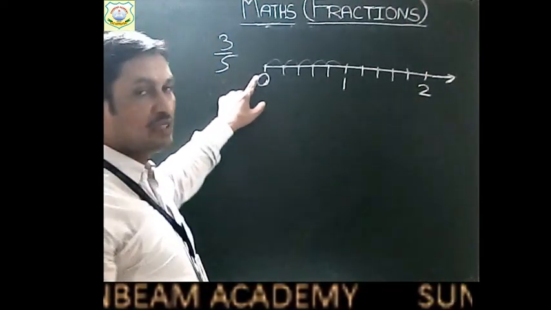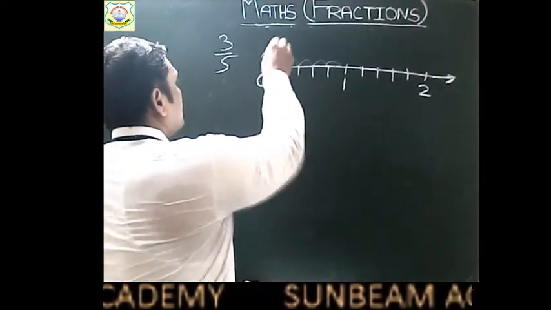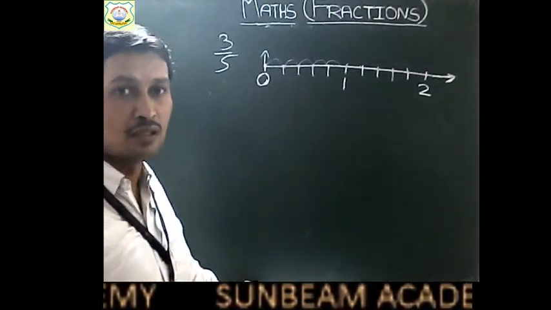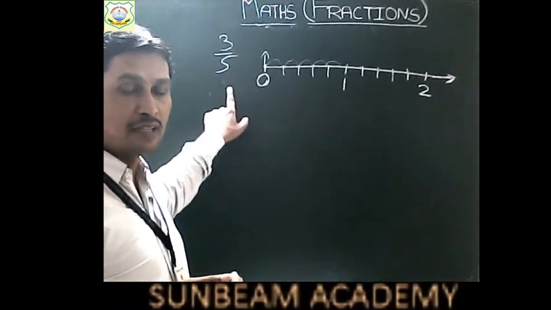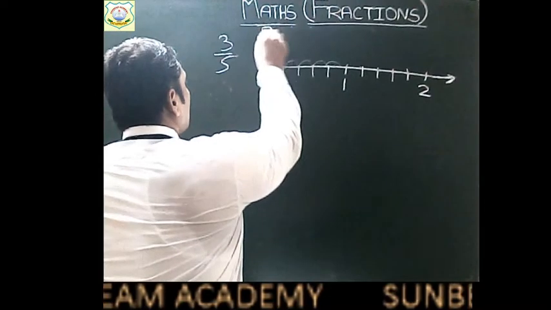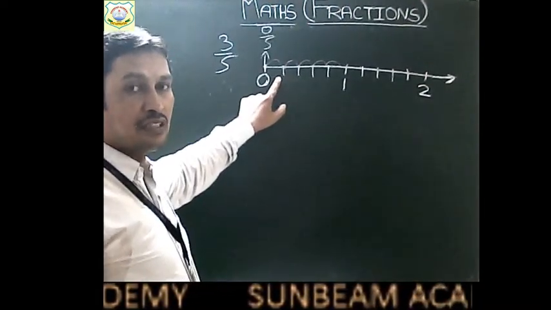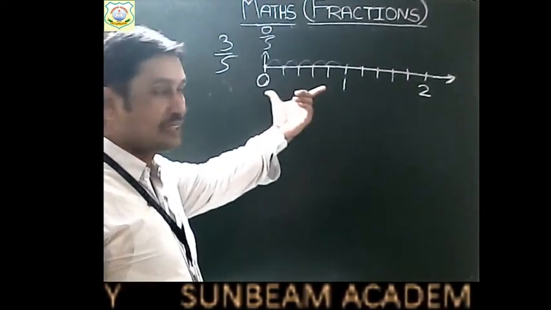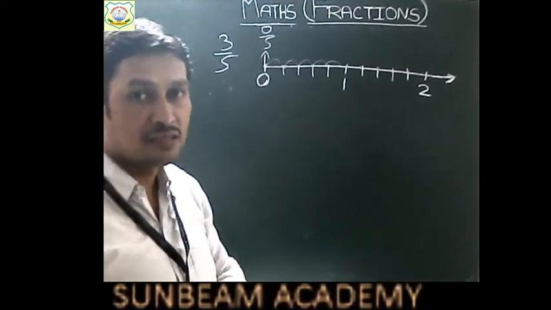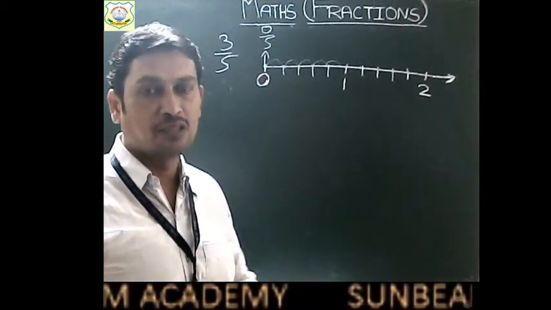Now we will start from 0, and 0 can be written as 0 divided by any number. Here we divide 0 by 5 because the denominator is 5, so 0 can be written as 0 by 5. After 0 by 5, if we take one part, because we have divided 0 to 1 into 5 partitions, each part shows the fifth part, 1/5 of the whole.